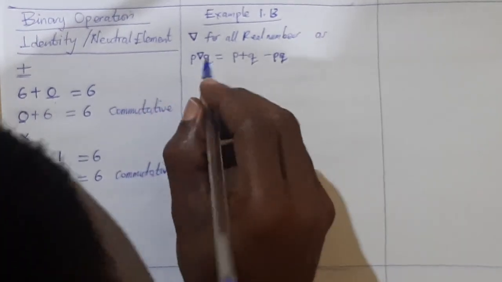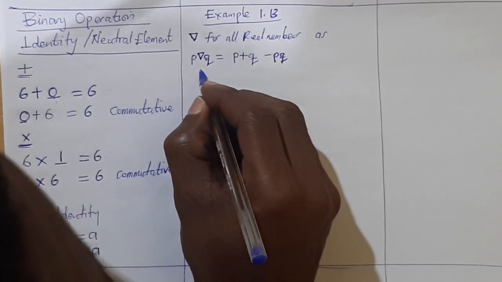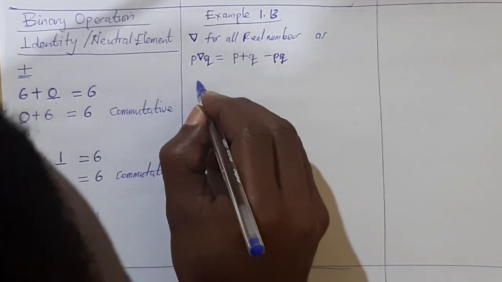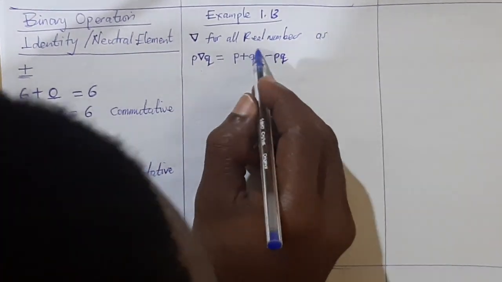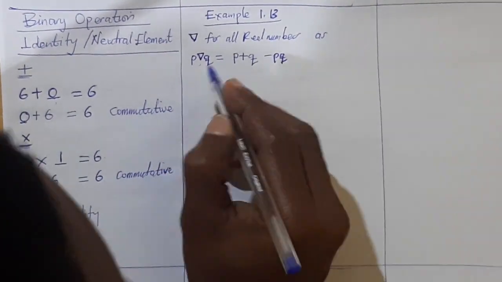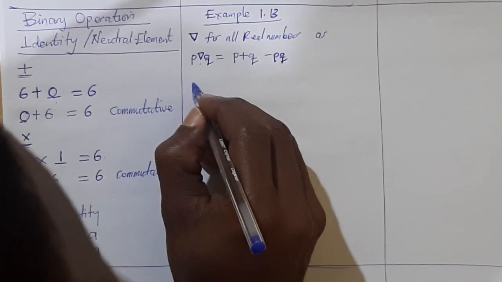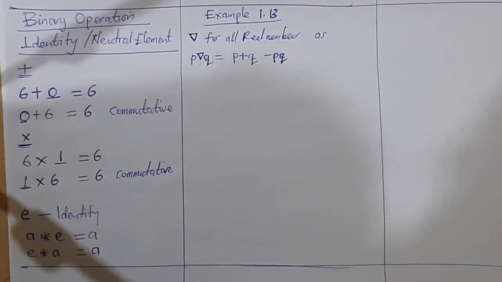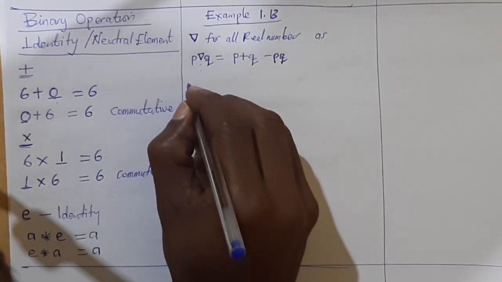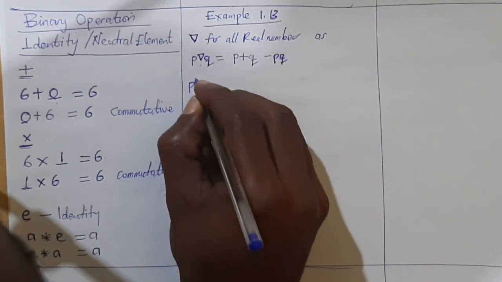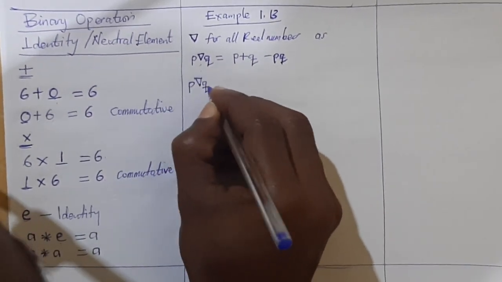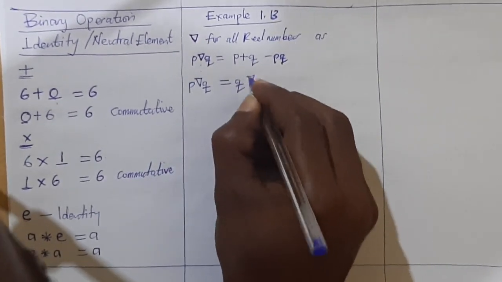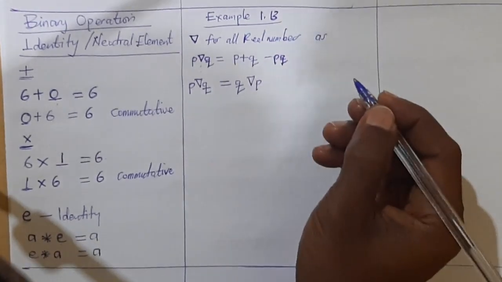Now, this is the definition for the operation. So, if we are applying the concept of commutative under identity, we first have to prove if this operation is commutative. So, for commutativity, P operation Q must be equal to Q operation P to hold.